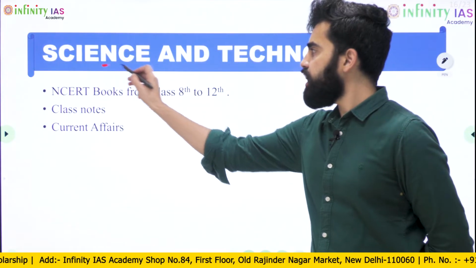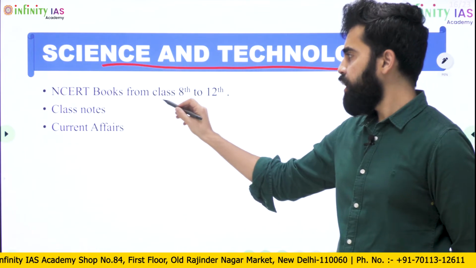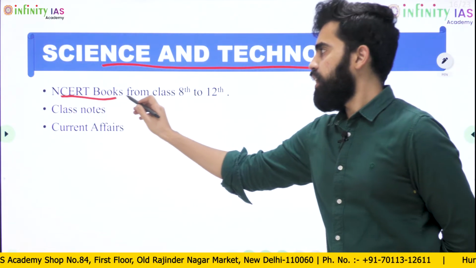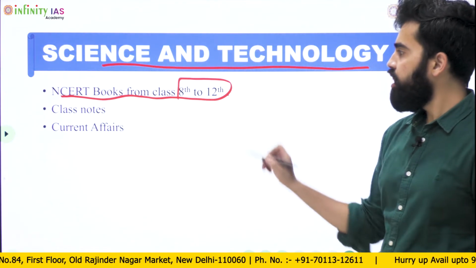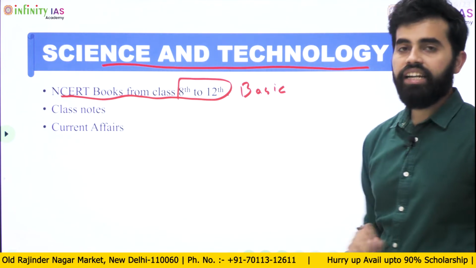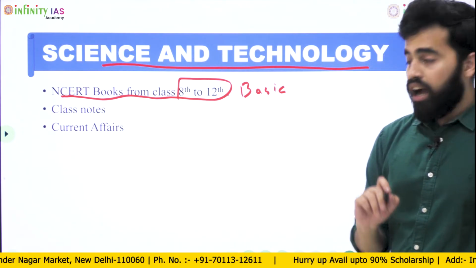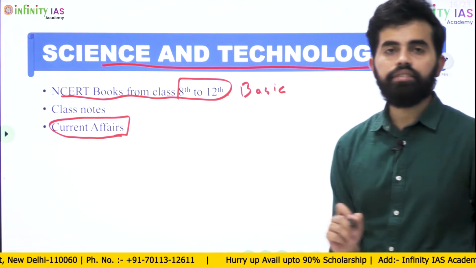Then comes science and technology. For this, we need basics by reading NCERT books from class 8th to 12th. We need only a basic understanding of different scientific concepts. Apart from that, the most important thing is current affairs.